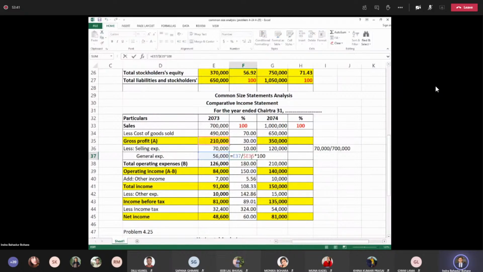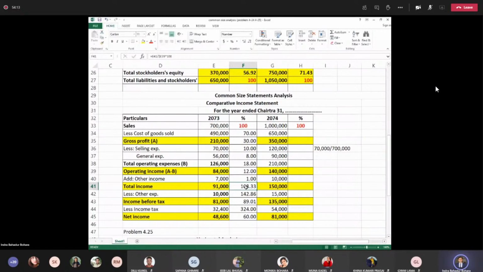General expenses. Other income, 7,000 divided by 7 lakh.